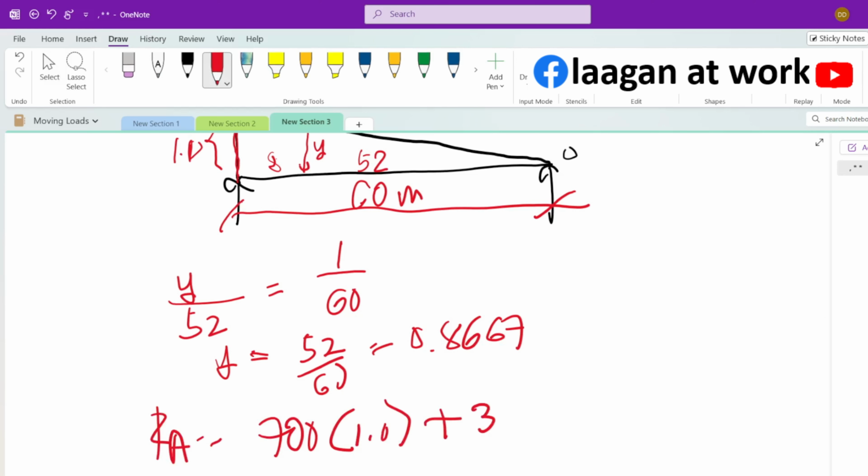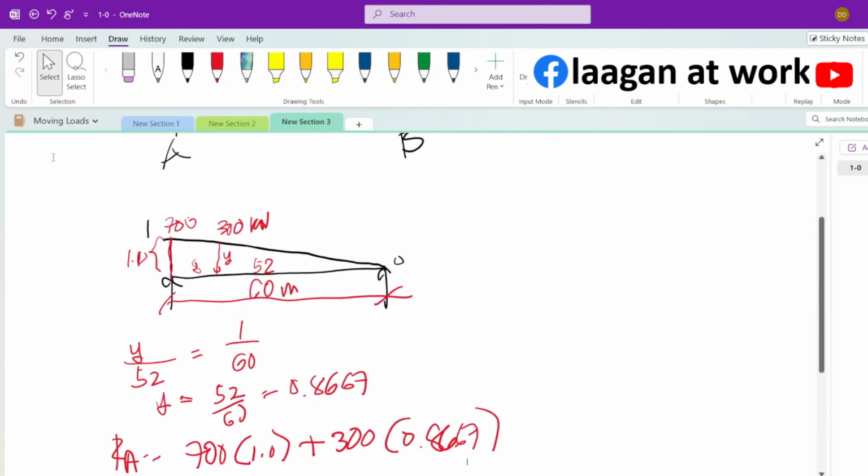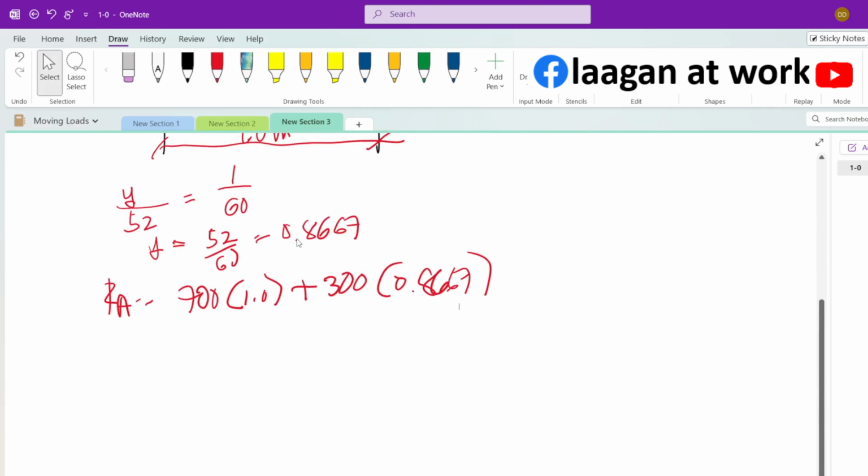plus 300 times 0.8667. So that would be 700 plus 300 times 0.8667, 900.